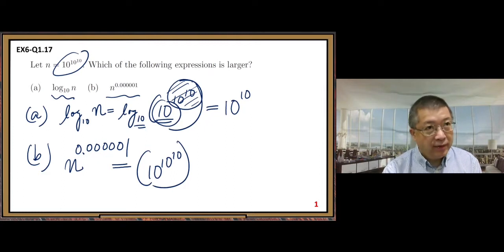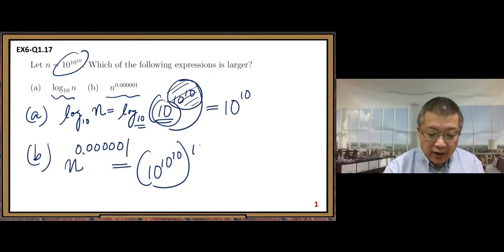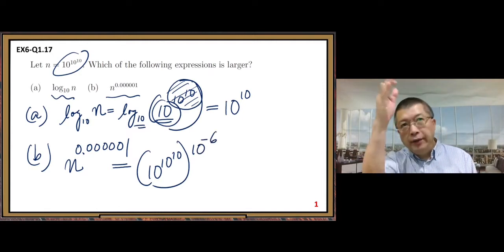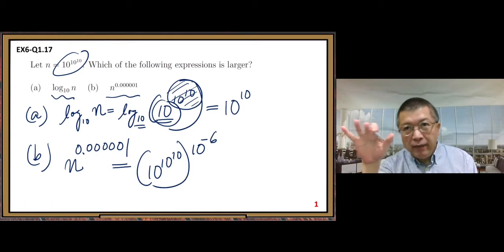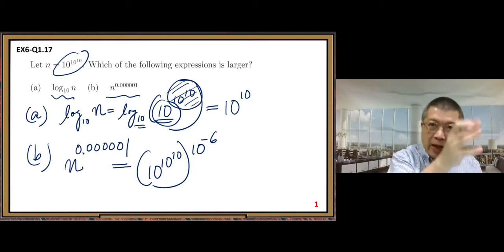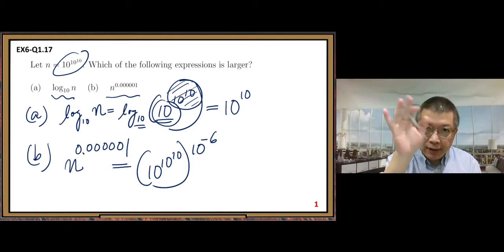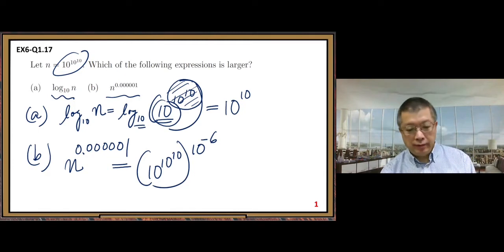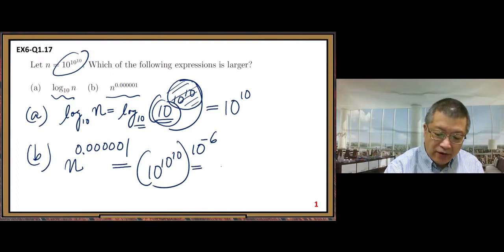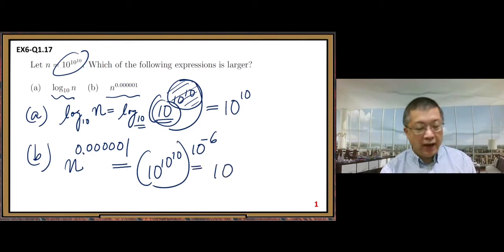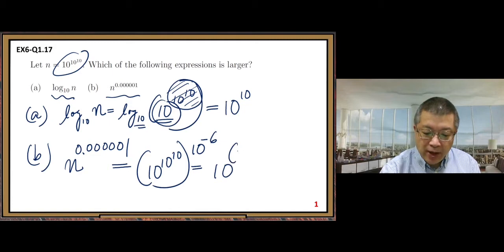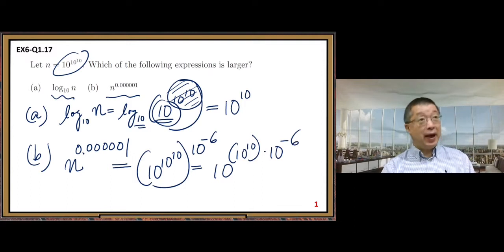What's that number? If we write 10 to the negative 6, 1 over 1 million, one millionth, 10 to the negative 6th power. So when we calculate this expression, base 10, then this is 10 to the 10th times 10 to the negative 6.